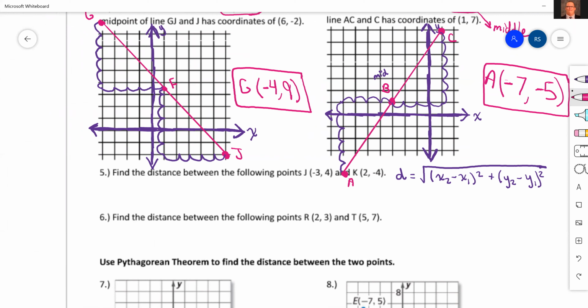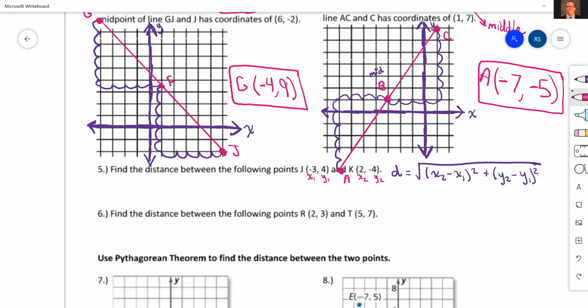So we'll start the same way. We'll label our points, x1, y1, x2, y2, and then find our distance, jk. Just kidding, guys. Okay, so let's set up our big square root.